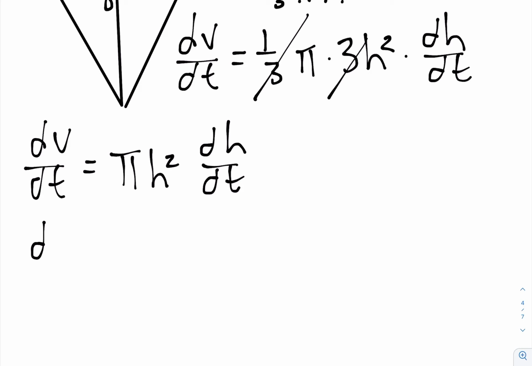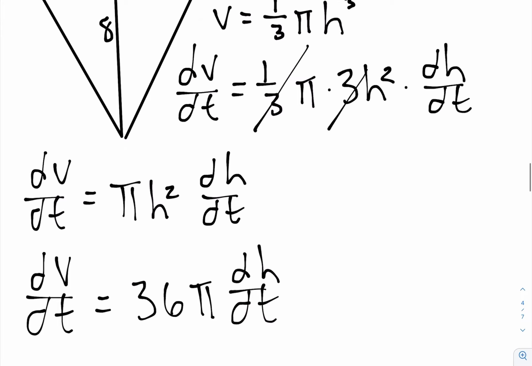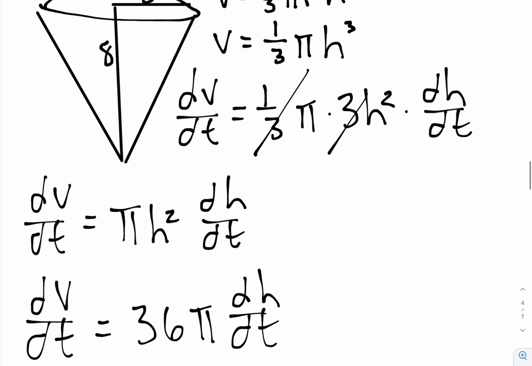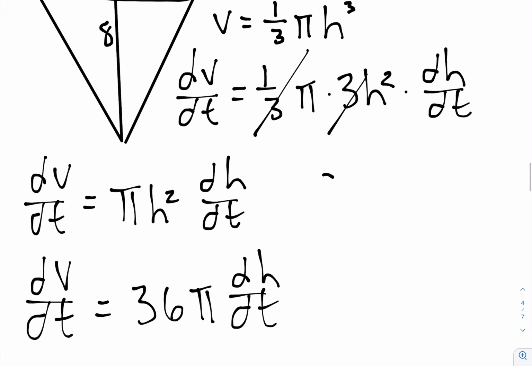So the dV by dt is going to be, so the h was 6, right? So it's going to be 36 pi dh by dt. So to solve this question, all we would need to know is the rate at which the volume is increasing for this cone. So let's say dV by dt was equal to 5. Okay, or let's do a nice number. Let's do 9.